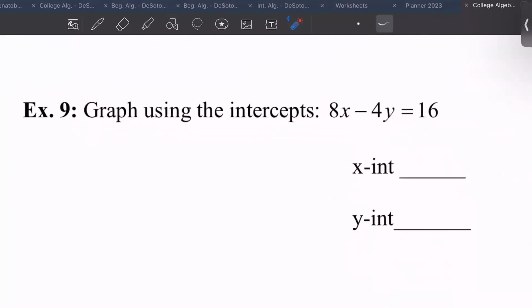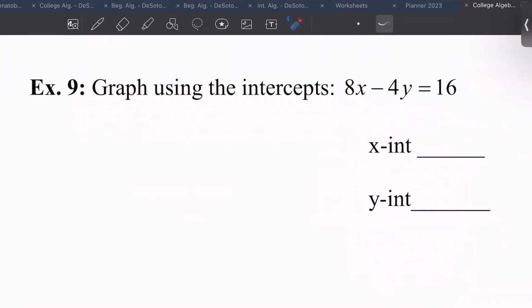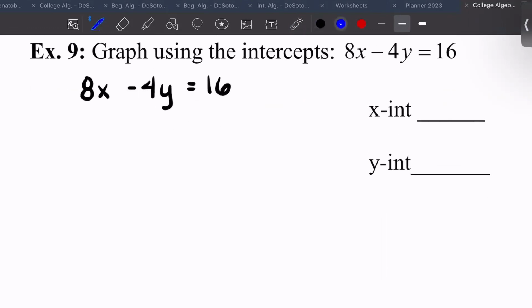So this says graph using the intercepts, and we have 8x minus 4y equals 16. I'm going to write that over: 8x minus 4y equals 16. And we need to find the x-intercept and the y-intercept.